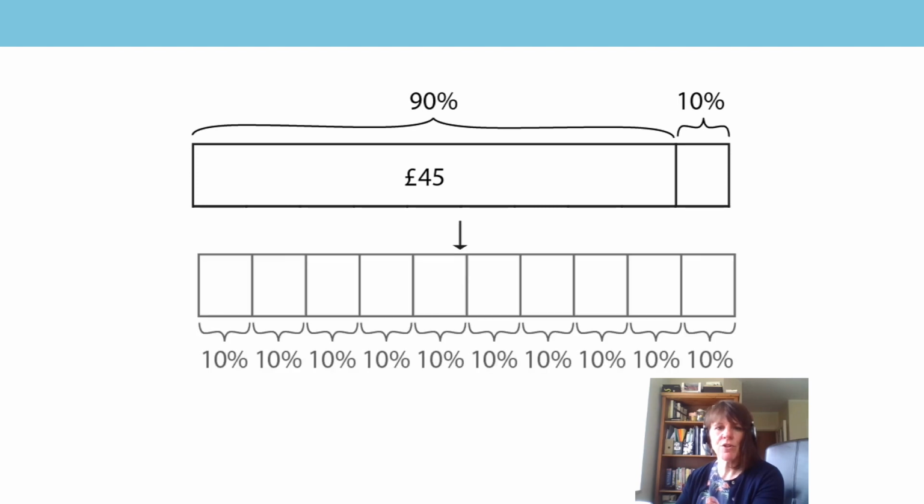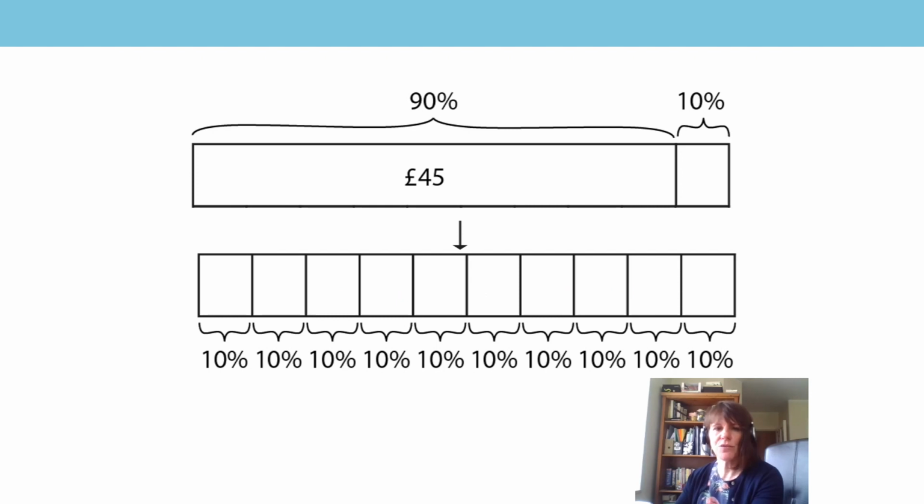If I draw another bar model underneath, it will help me to see the relationship between 90% and 10%. Here I've got 10, 20, 30, 40, 50, 60, 70, 80, 90, 100. So this is 100%, and I've got 10, 20, 30, 40, 50, 60, 70, 80, 90. I've got 9 lots of 10%.